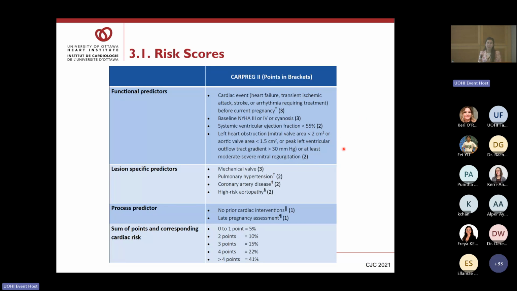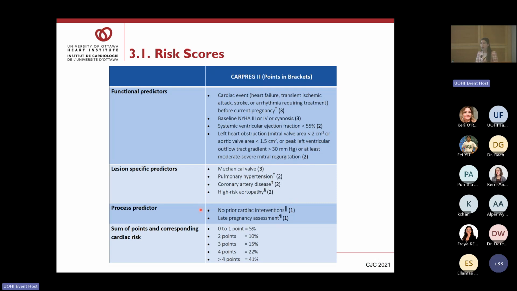People that are going to have left heart obstruction, as we already discussed. And I'll point out here that the cutoffs are not the same as the severe lesions. So for instance, the mitral valve area that gets you a point here would be less than 2, and the aortic valve area that gets you a point is 1.5. People that have mechanical valves are definitely at higher risk, pulmonary hypertension, high risk aortopathy.